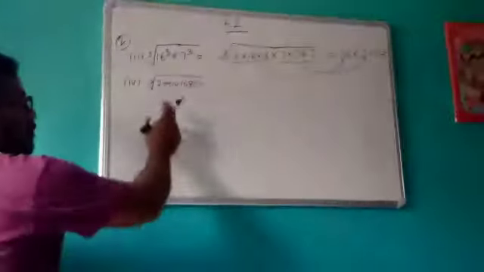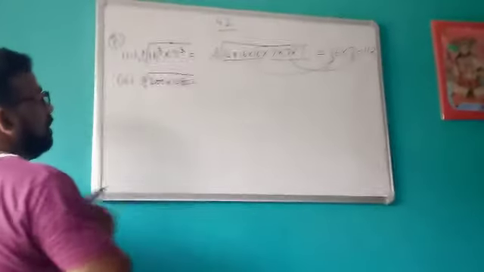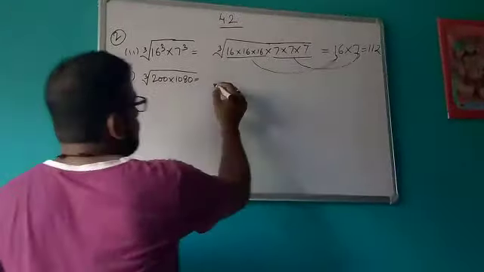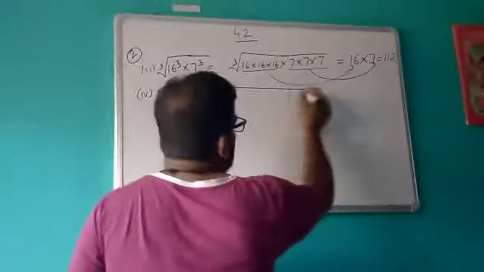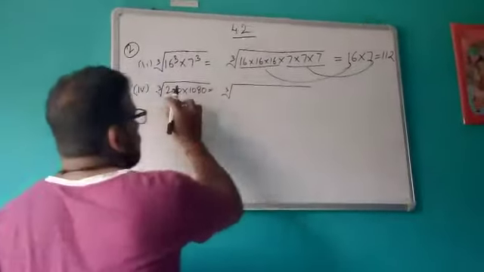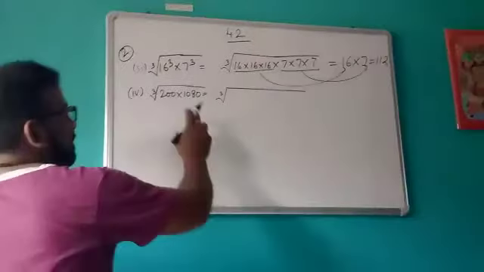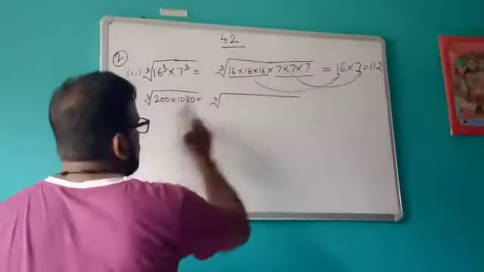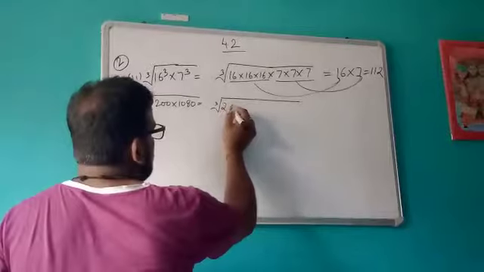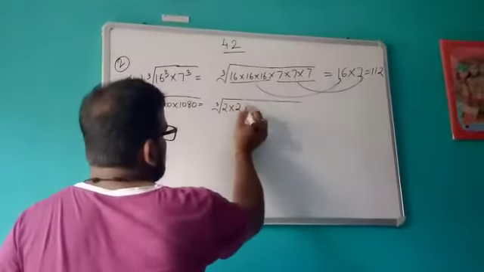Okay, suppose we have to find the cube root of this product. So in that case, what we will do? Okay, we will do the prime factorization of 200 and prime factorization of 1080. So we can do the prime factorization like this.